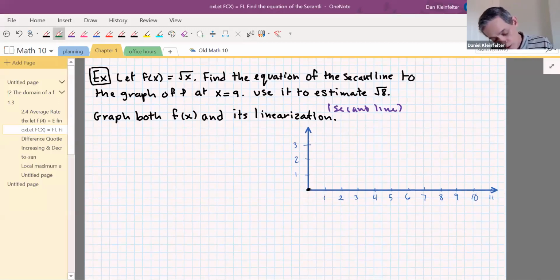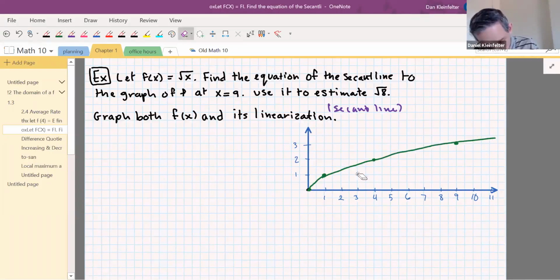The square root of 0 is 0, the square root of 1 is 1, the square root of 4 is 2. I'm going with values I know, right? The square root of 9 is 3. And then we could, of course, keep going. Okay, so there's a rough sketch of the square root function.